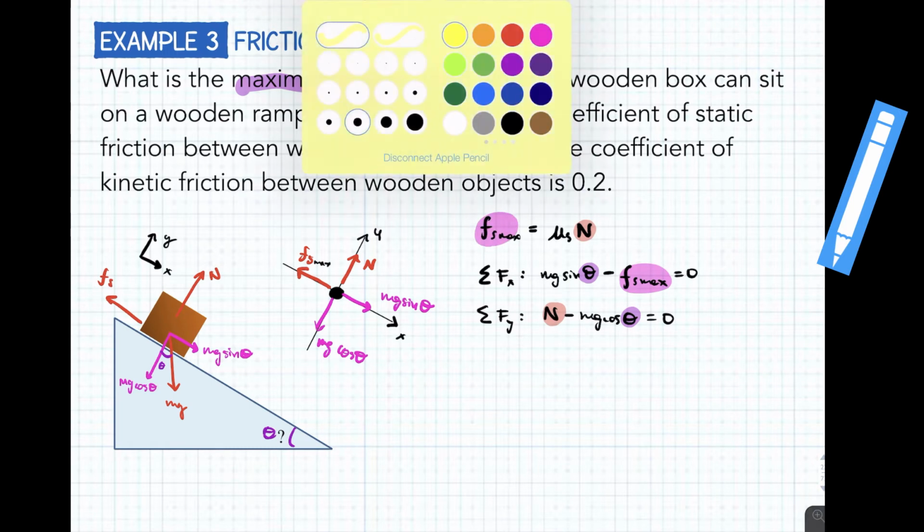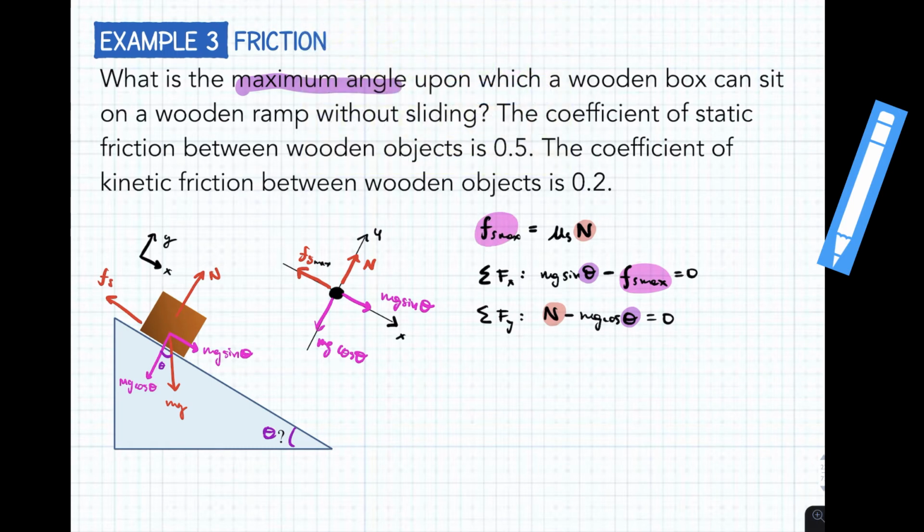And we don't know mass. Or do we? So we're going to have to hope that cancels, because we have 3 equations and 3 unknowns we're solving for theta. So let's start by rearranging things.